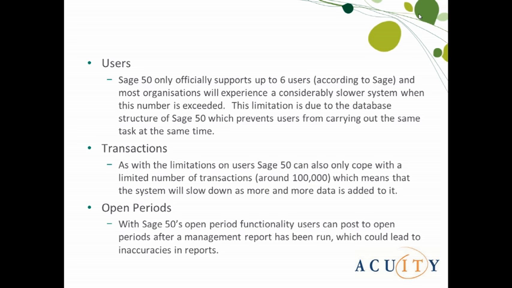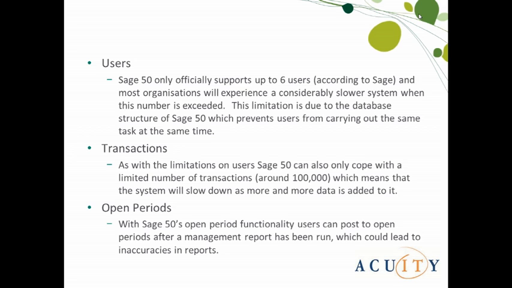It's important to emphasize this is because Sage 50 is based on a proprietary database which is supplied with the product. It has a relatively flat structure and it does tend to create a situation where Sage 50 prevents multiple users from carrying out the same task at the same time.